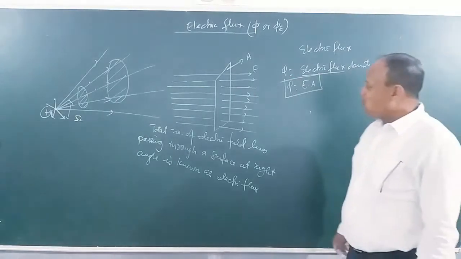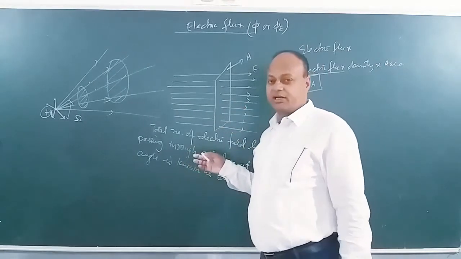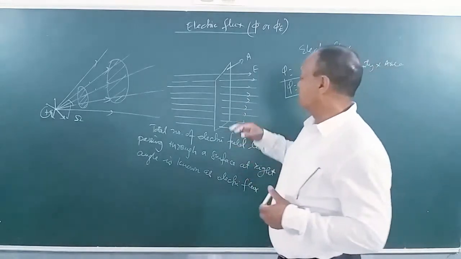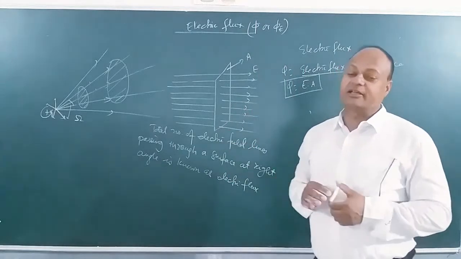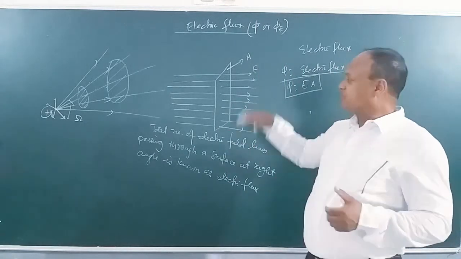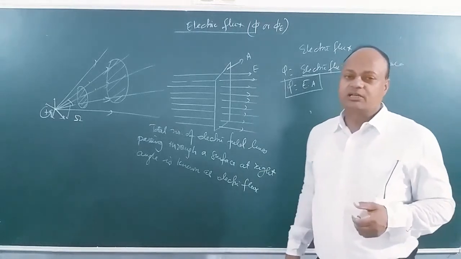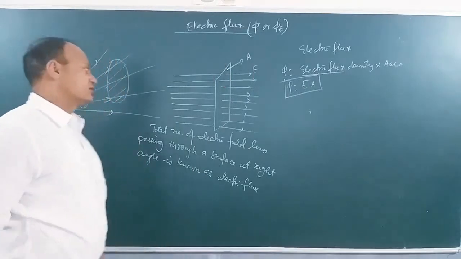Now, here the electric field lines are already perpendicular to the given surface area, but it will not always happen that electric field lines will be perpendicular to the given surface area. They can be directed at a certain angle also. So we see many cases for calculating the electric flux. You should go through each one of these cases, and there will be some application of this.